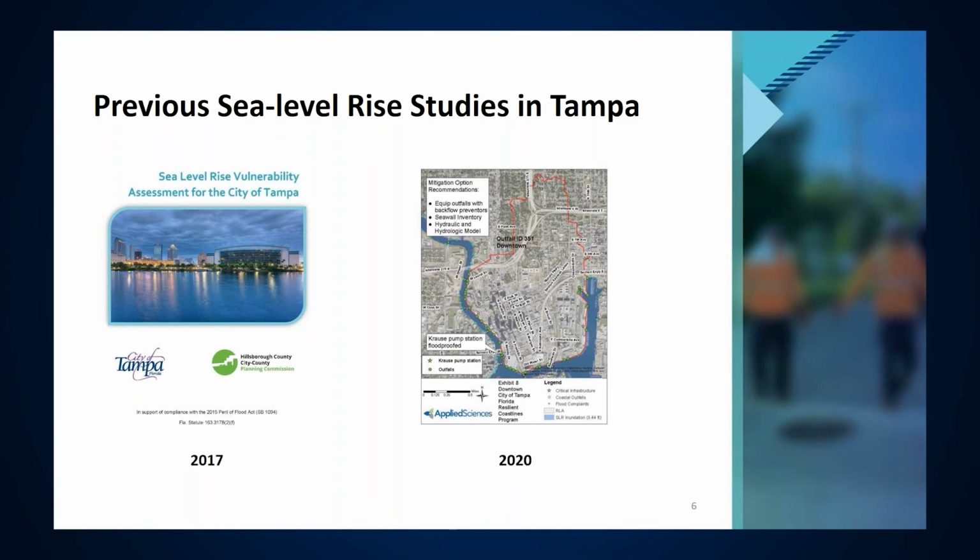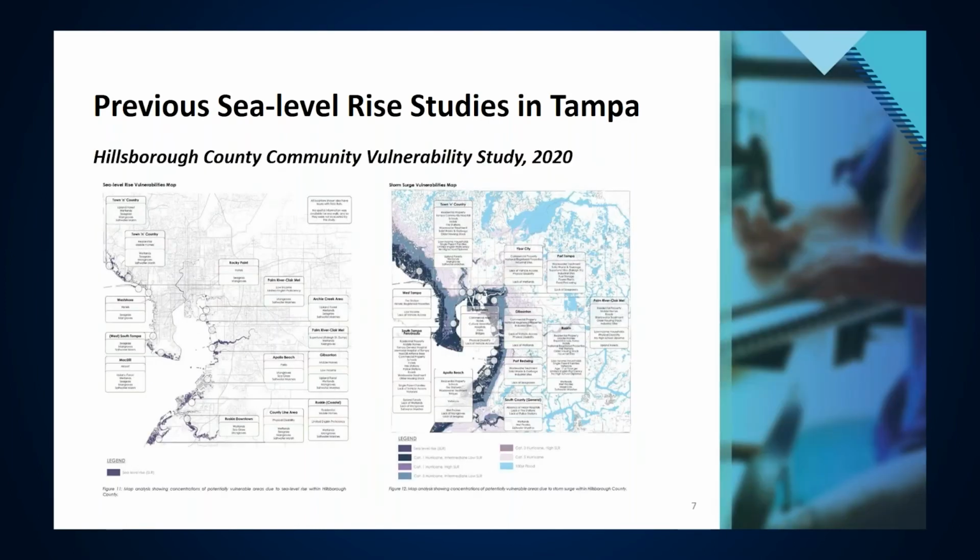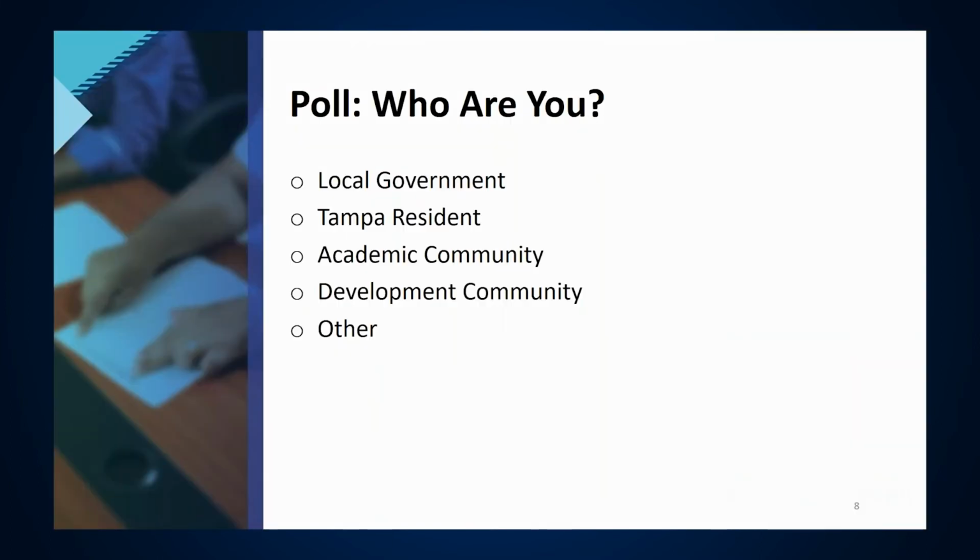If you Google that, you'll find it. Also, a project I've been a part of is not for City of Tampa, but Hillsborough County, though it includes City of Tampa. That is the Hillsborough County Community Vulnerability Study, which was released this year, and you can Google that one also. It's located on the Hillsborough County website.